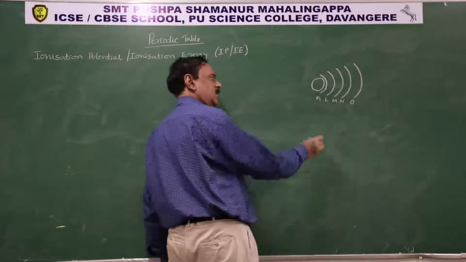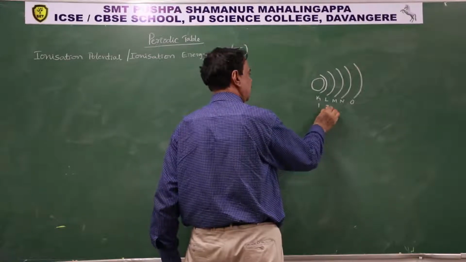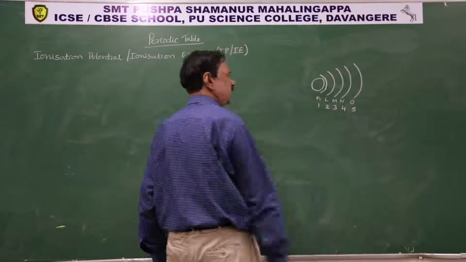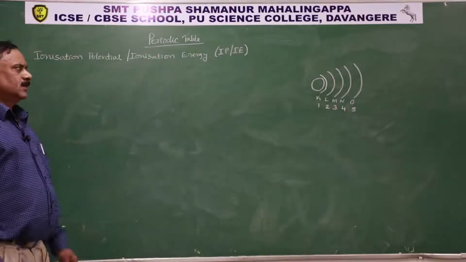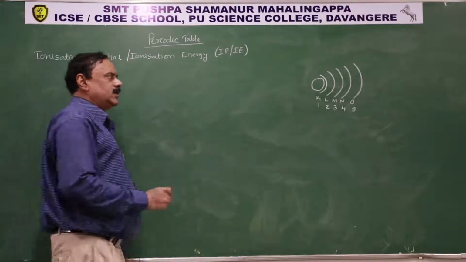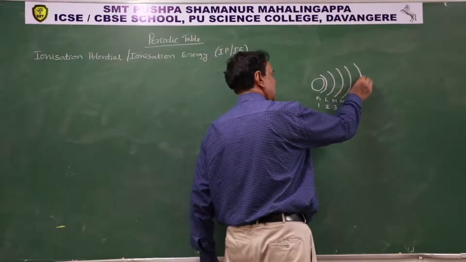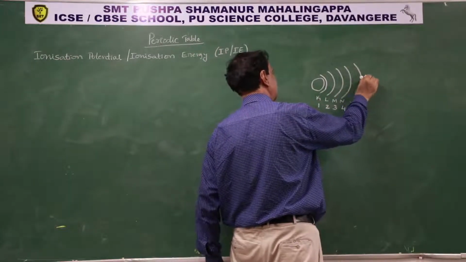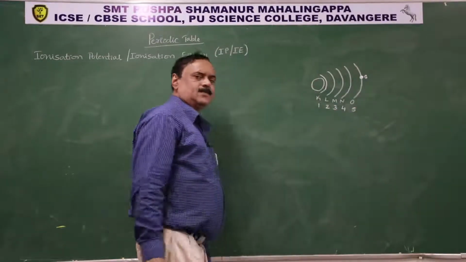That is the principal quantum number values, like 1, 2, 3, 4, and 5, and so on. Is it clear? Usually the outermost shell electrons are called valence electrons.